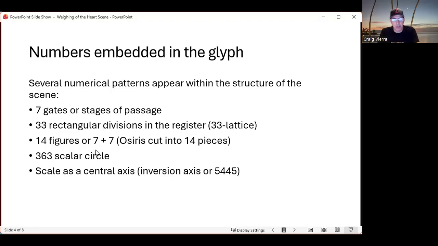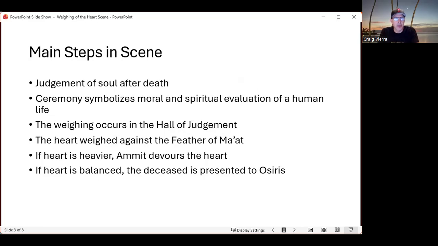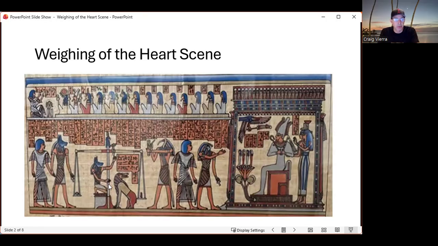I've introduced this in some other videos. And if we look at the scale, we could say the scale is at this central axis here, or in my mathematics, the inversion axis, or numerically, it would be a 1089 multiple or 5445. So that's 1089 times 5.